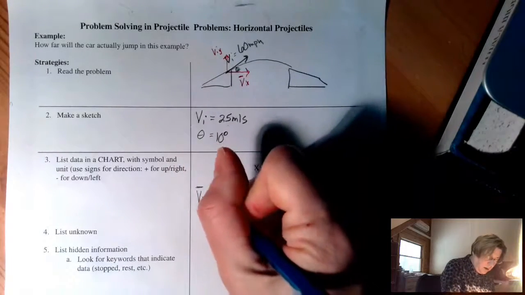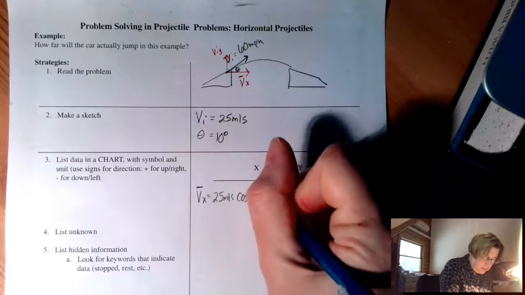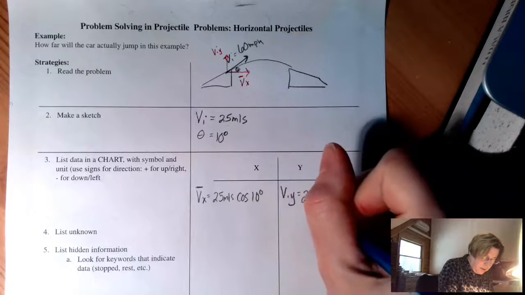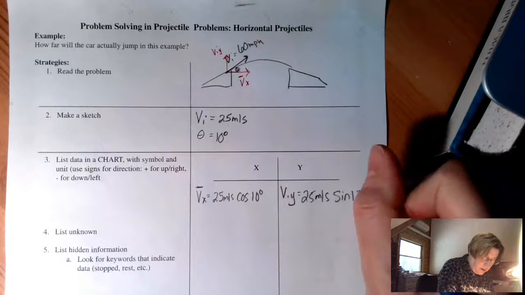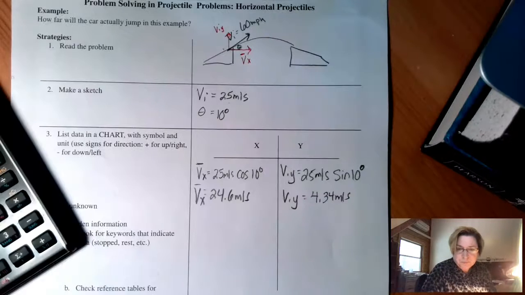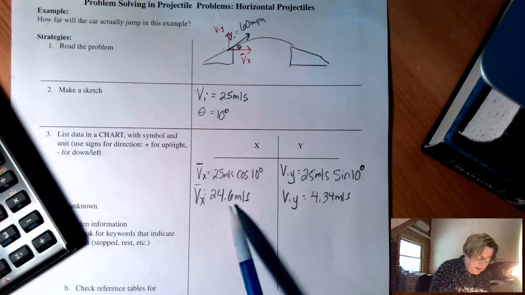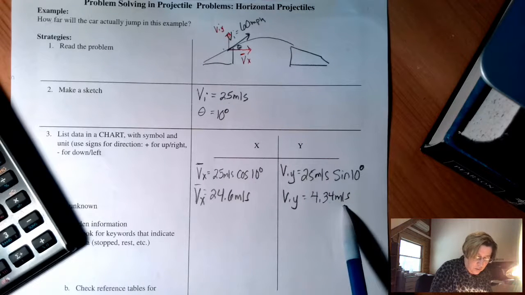And the ViY, similarly, is going to be 25 meters per second times the sine of 10 degrees. Give me a second while I figure out what those are. I did the math, make sure you're in degrees, and I got that the X component is 24, which makes sense because it's pretty close to horizontal, and the Y is 4.3. That's what these things are. Never put these diagonal pieces of information into your chart.